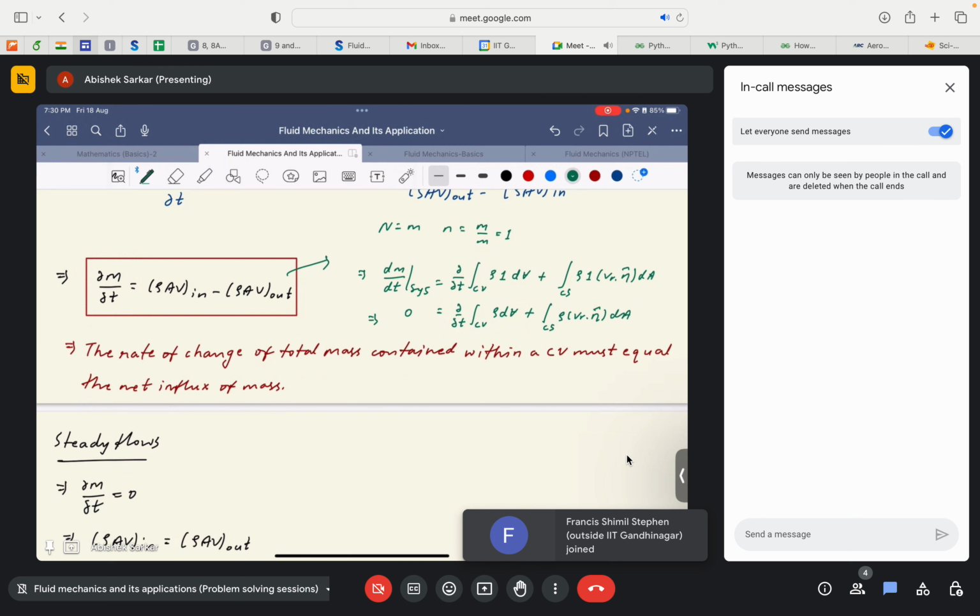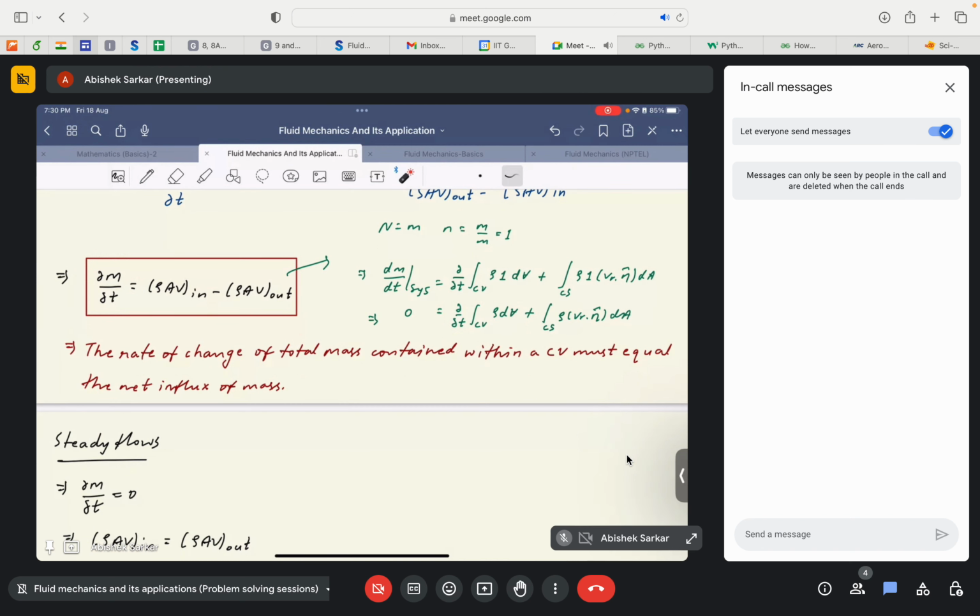So the first term you can correlate, this term and this term are identical, and as I told, this term will basically give us a net efflux from the control volume. If the density is constant and the velocity profile is uniform, then this term eventually simplifies to these terms.